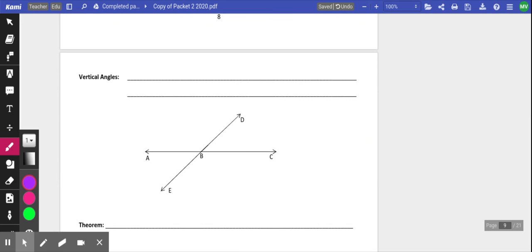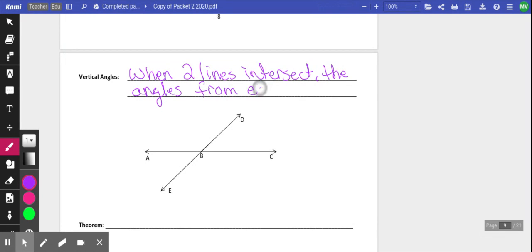Vertical angles, when two lines intersect, are the angles across from each other. So in our diagram here, angle ABD and angle CBE.